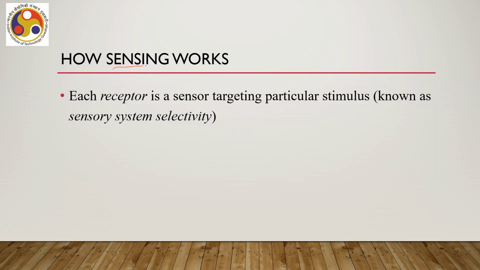So, how does sensing work? Each receptor is a sensor targeting a particular stimulus. In the sense organ we have receptors, and each receptor is a sensor that targets a particular stimulus, known as sensory system selectivity. So, receptors are bodily organs designed in a way such that they get activated only when a specific type of stimulus arrives, and this phenomenon is known as sensory system selectivity.